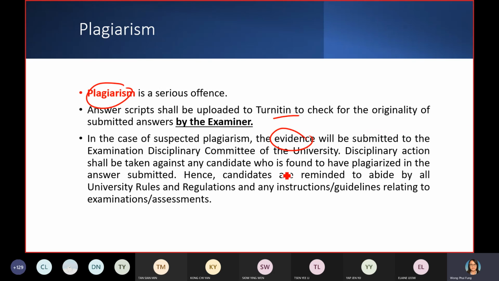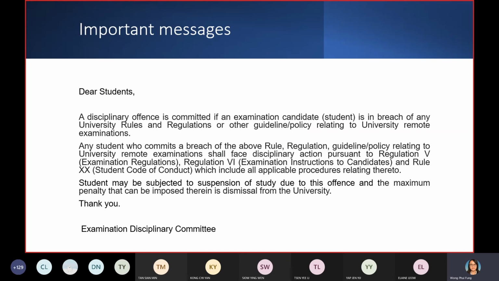They will take the action, not me. They will take action based on the evidence given. Just to take note of the important message from the examination disciplinary committee: please don't commit any serious offense in copying or cheating, because later on you will be suspended. So please do not do that. Okay?